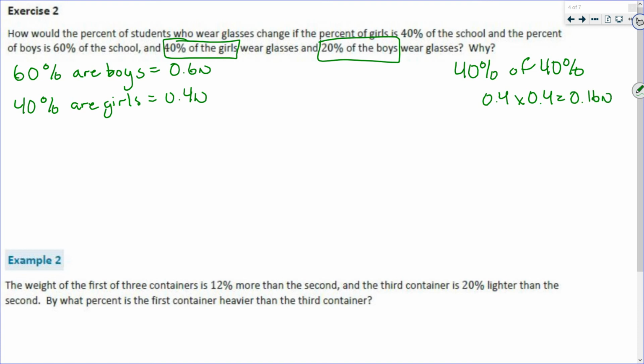And 20% of the boys, who are 60%, is 0.2 times 0.6, which is 0.12n.